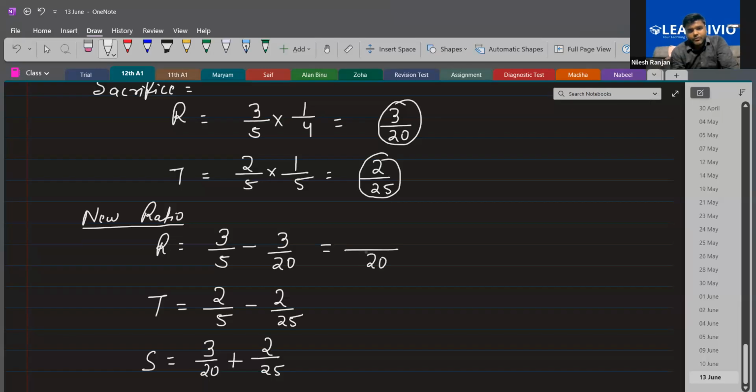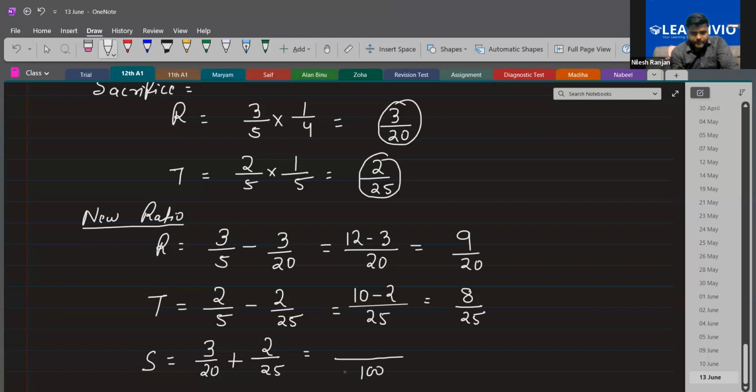So 9/20, then 8/25, and the denominator will be 100. 23 by 100.